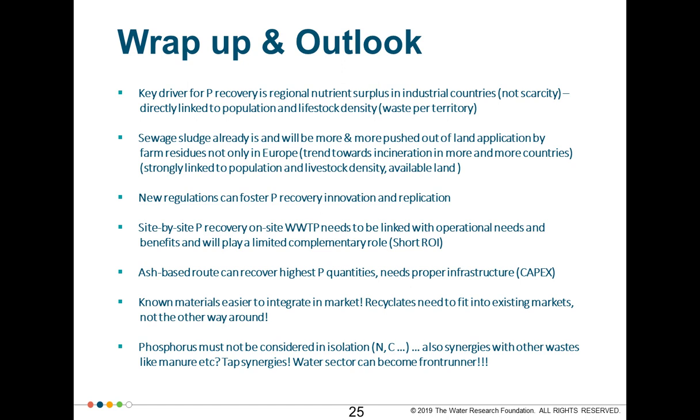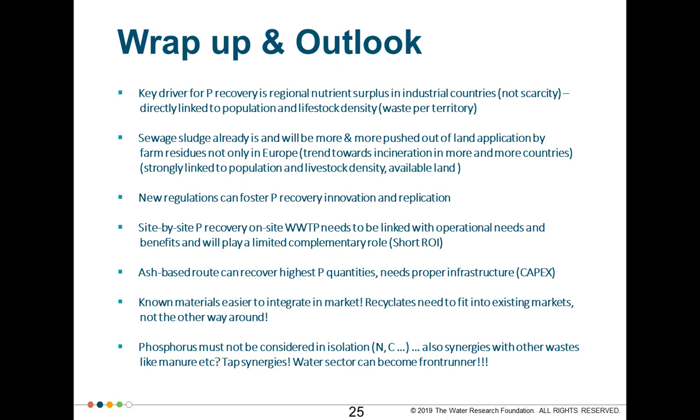If you speak of Germany, incineration is, let's say, favored, especially mono incineration, because in Germany there are too many nutrients in the wrong place. Farmers used to recycle their own nutrients, be it manure or digestate, so there's no more space for sludge.